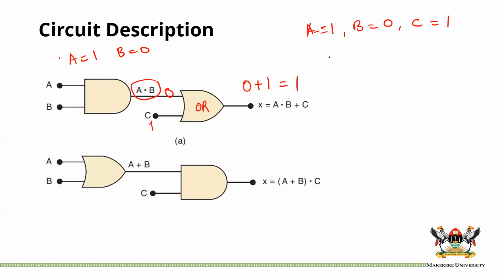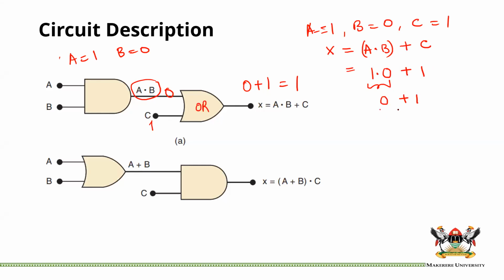Yeah, something like that. But let me put this in your equation. So X we have seen is A and B, and then C. That means we have 1 and 0 or 1, right? And what is 1 and 0? It is 0 or 1.